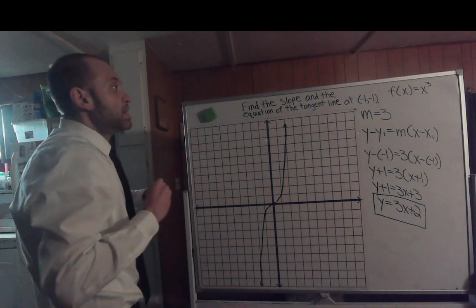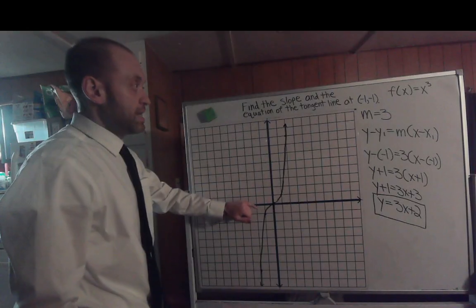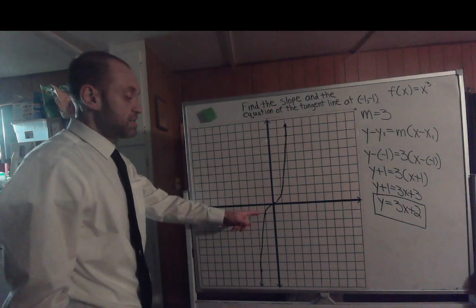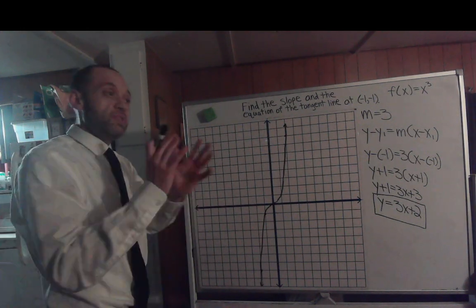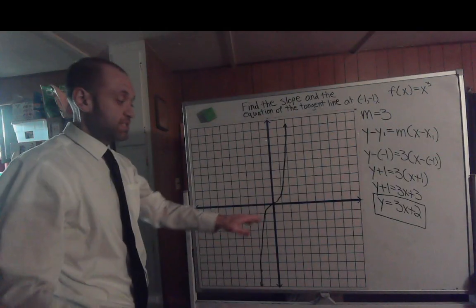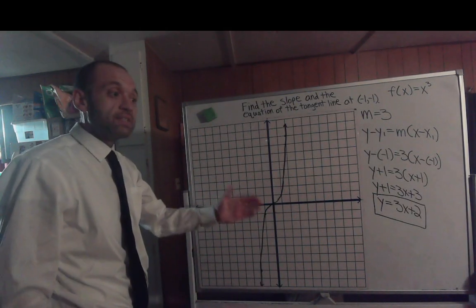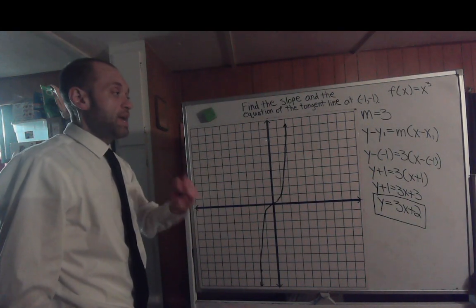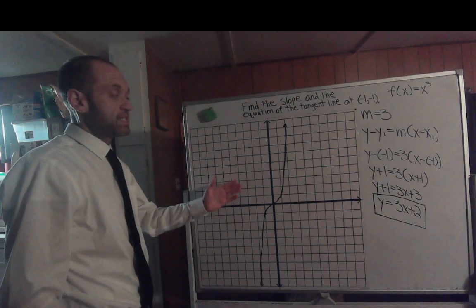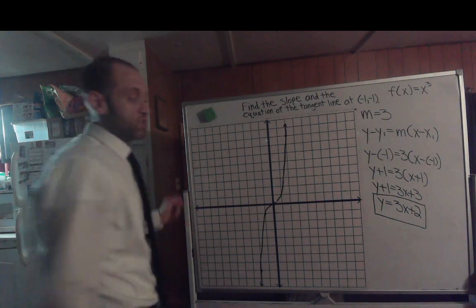So we found the slope at the point -1, -1 to be 3 by averaging secant lines. And then that also means that the slope of the curve at that point is the slope of the tangent line at that point. And we can use that slope to give us the equation of the tangent line.